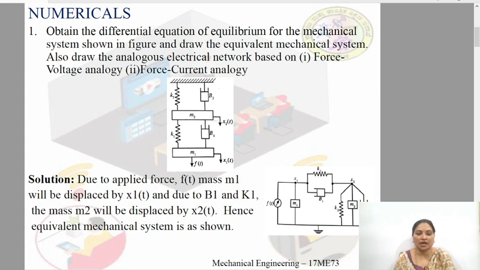These masses are subjected to force F of T in the vertical direction, that is in the downward direction. Due to the force F of T, the displacement occurring in the mass M1 is x1 of T and in the mass M2 is x2 of T. We can also notice in the figure that the mass M1 is attached to mass M2 by spring K1 and damper B1, and the mass M2 is fixed by means of spring K2 and the damper B2.